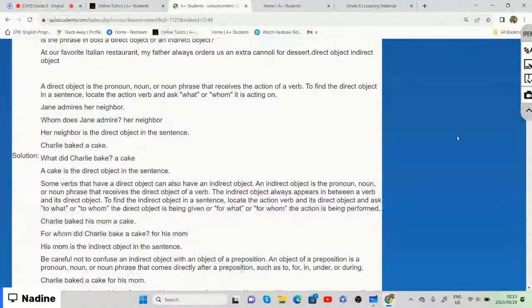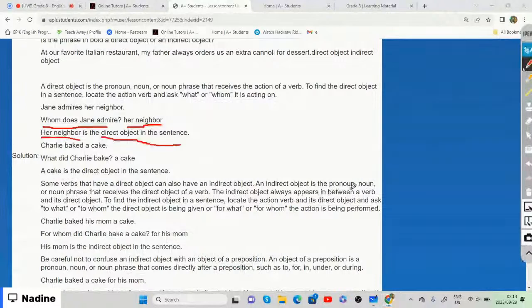And an indirect object is the pronoun, noun, or noun phrase that receives the direct object of the verb.